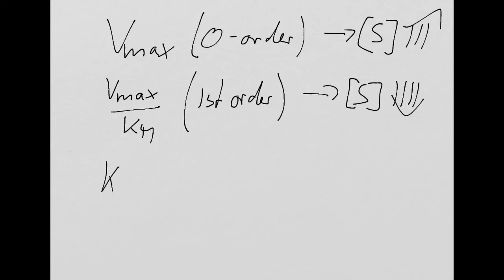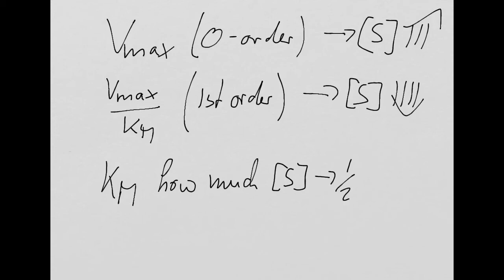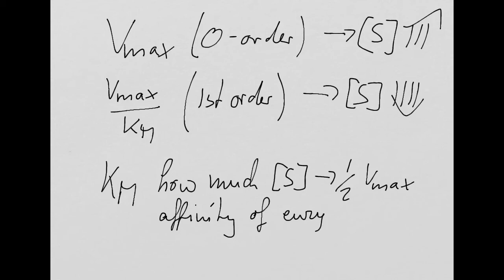And Km, the Michaelis constant, tells me how much substrate I need to get half of Vmax. Or in other words, Km tells me about the affinity of the enzyme for the substrate.